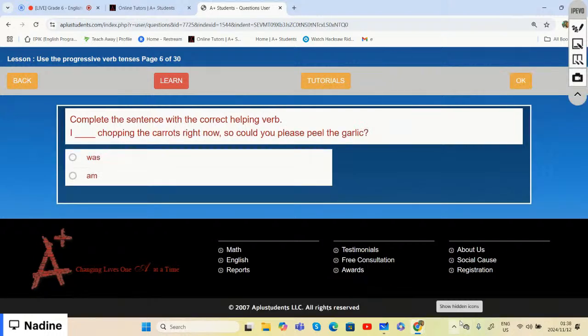The next one says, do we say I was chopping the carrots right now? Right now. So could you please peel the garlic? Or do we say option two, I am chopping the carrots right now, so could you please peel the garlic? We need to choose the correct option. The present progressive tense.